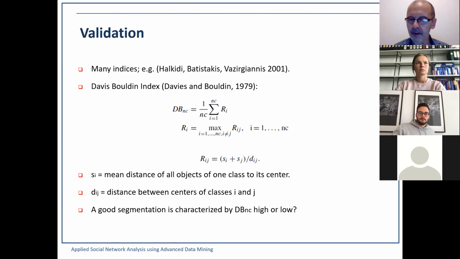Okay, so a formula always has, or I should say always should have, a conceptual interpretation. And that's the interpretation behind the Davis-Bouldin index. It's not the only one. As you can see here in the first line, there are many indices to validate cluster solutions, but maybe that's the most common one.